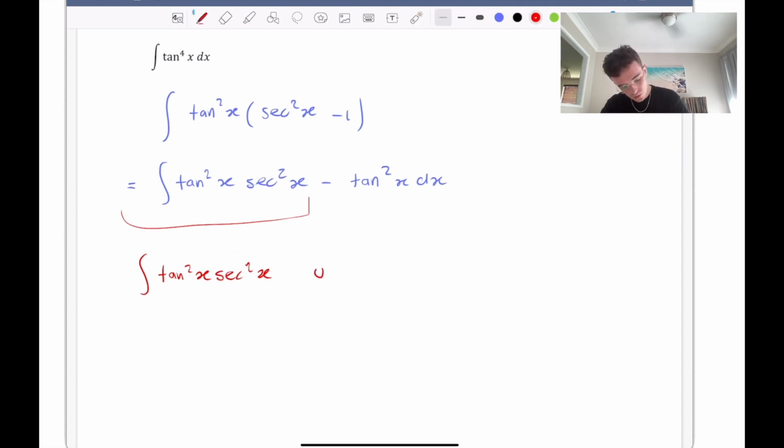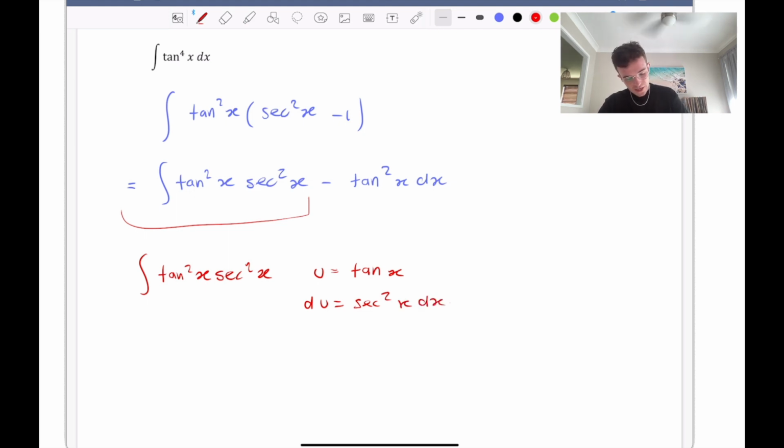So let u equal tan of x. I'm not letting it equal tan squared of x because I don't necessarily know how to differentiate tan squared of x as easily as I do tan of x, sorry. I said that all wrong, but you get what I mean. du equals sec squared of x dx.